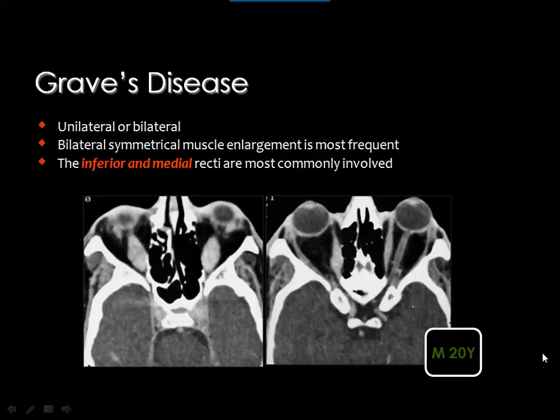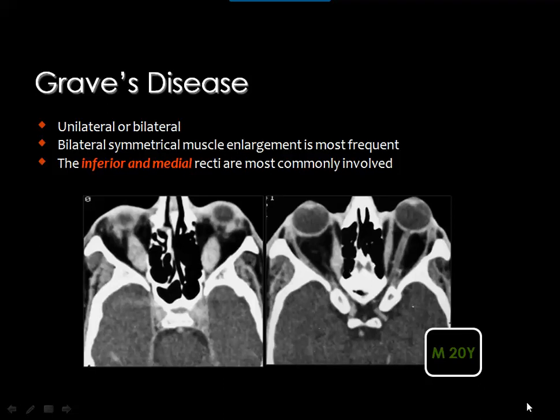And this will result in almost symmetrical enlargement of multiple extraocular muscles, unilaterally or bilaterally, together with infiltration of the intraorbital fat by this mucopolysaccharide protein complex, leading to an increase of the volume of the orbital contents, and consequently you get bilateral almost symmetrical proptosis.